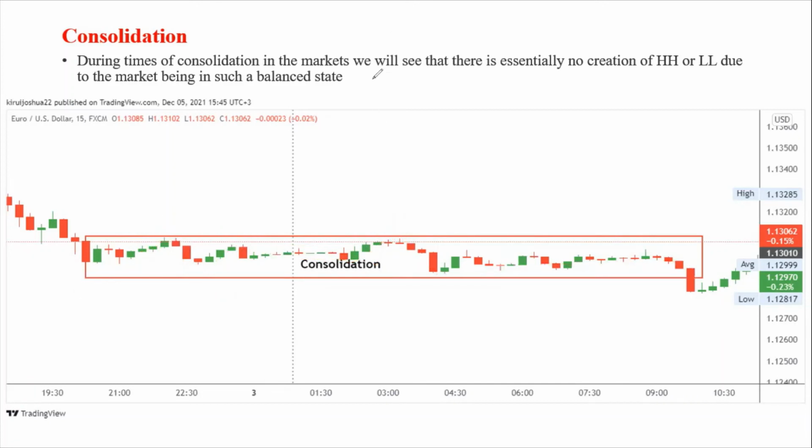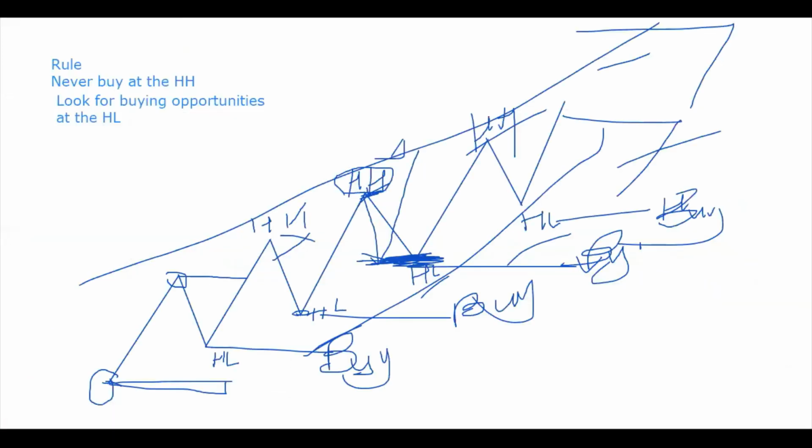Now, I want to take you back. Now we can combine all the bullish and bearish market structure together to form a clear picture. I'm just drawing, and then I'll give you an assignment. The market went to that high, came to that high, then came to that low, then that one.